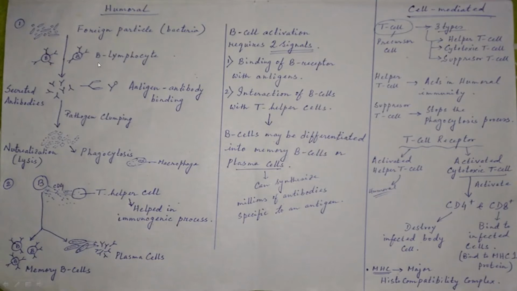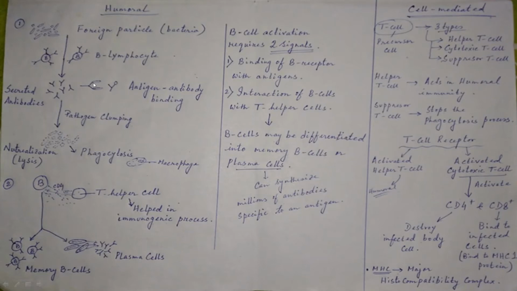Now, B lymphocytes are present in the body. Right? B lymphocyte with antibody. Now this B cell secretes antibodies. See, these are secreted antibodies, and you know antibodies are Y-shaped. With these antibodies, these foreign particles get attached. See, antigen antibody binding is taking place.